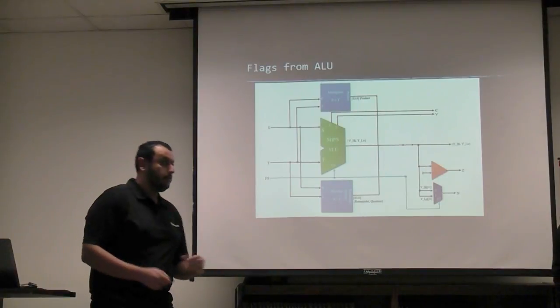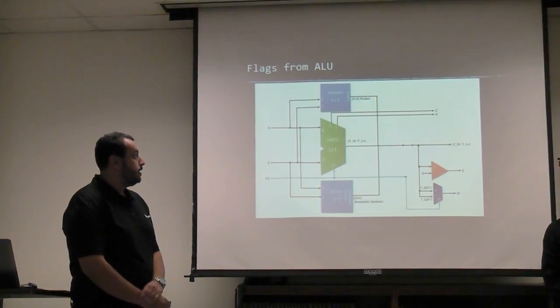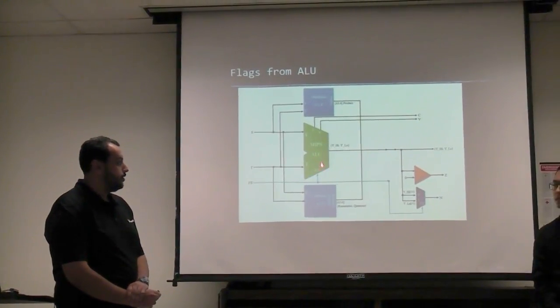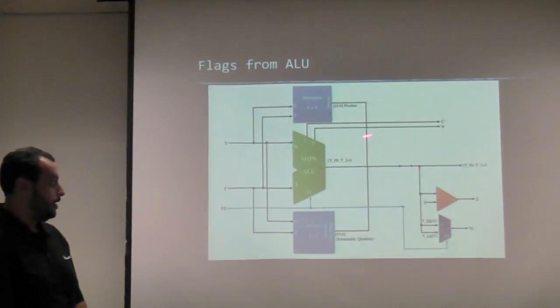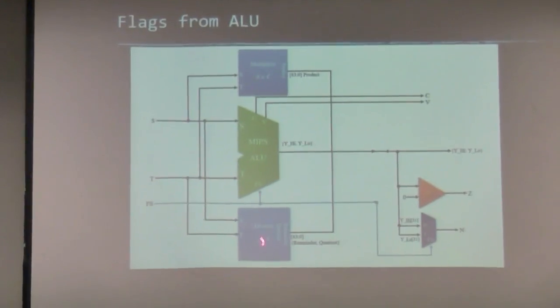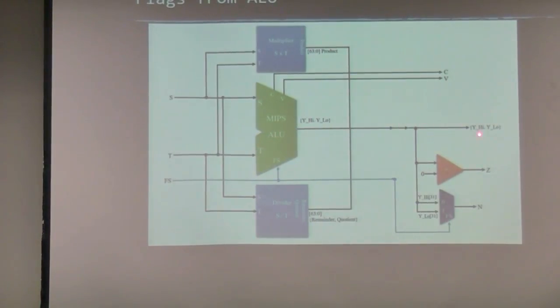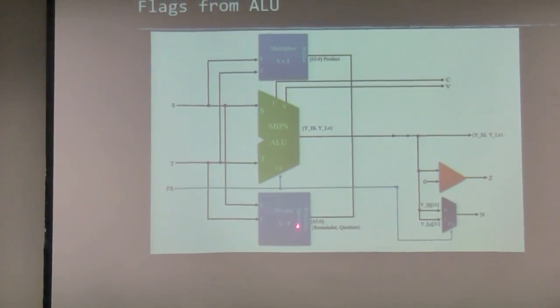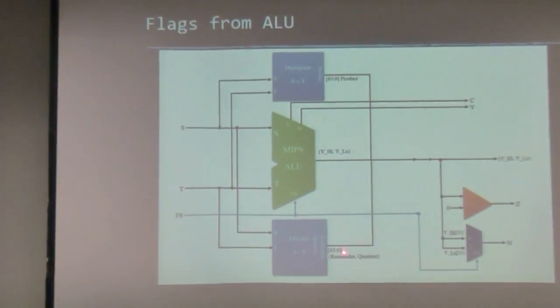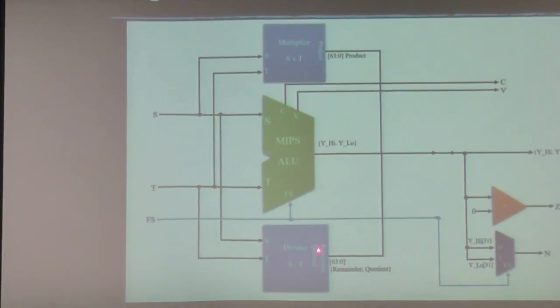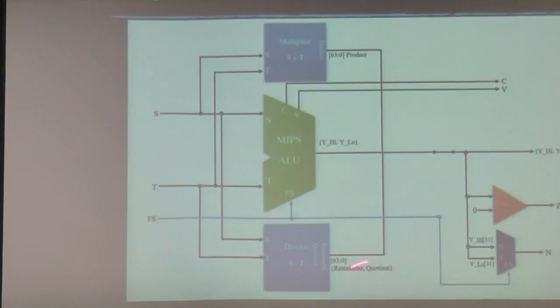So here's an overview of our flags. So we have our MIPS ALU, or our ALU as a whole right here, with our multiplier and our divider. So our ALU pushes out our resultants, and we have a multiplier that has a 64-bit product that's loaded into our high and low registers, and we have a divider that has a 64-bit resultant, and that has our remainder in the upper 32 bits and quotient below with 32 bits.